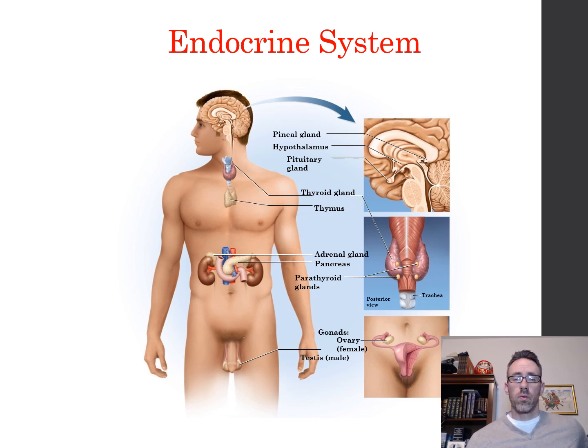Okay, so when we talk about the endocrine system, again, we're really talking about these discrete organs or cells that are communicating with one another. And there's really what we call the classic endocrine system, which you see depicted in this cartoon here.